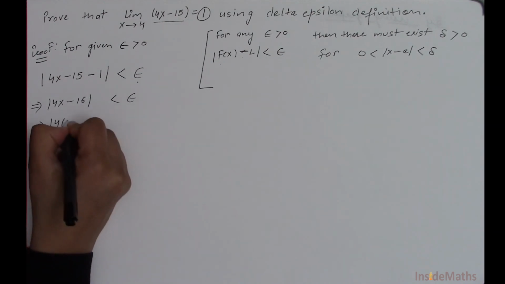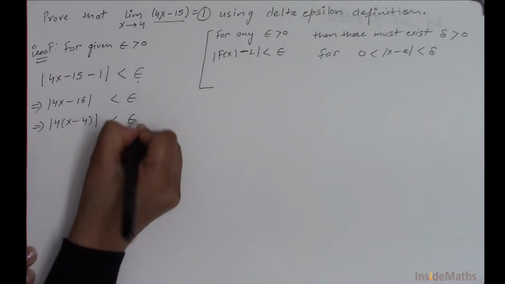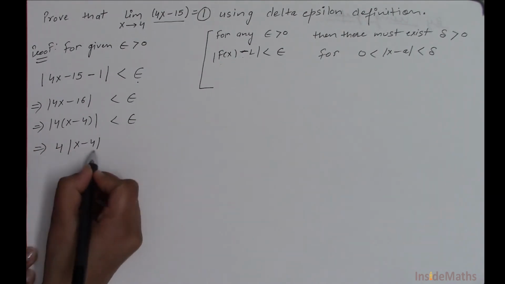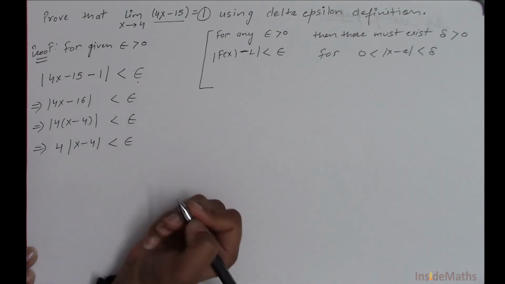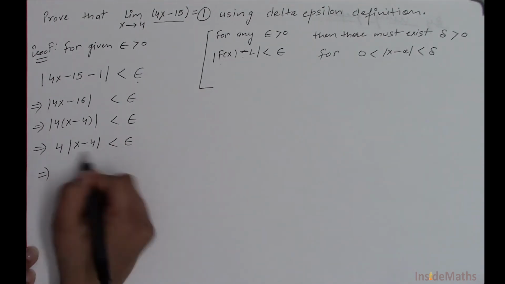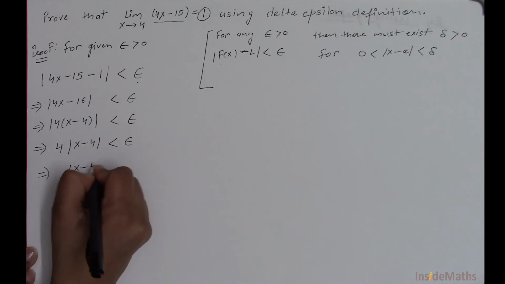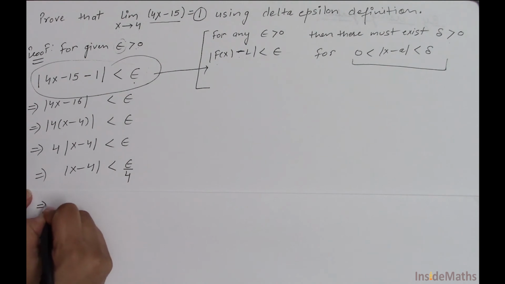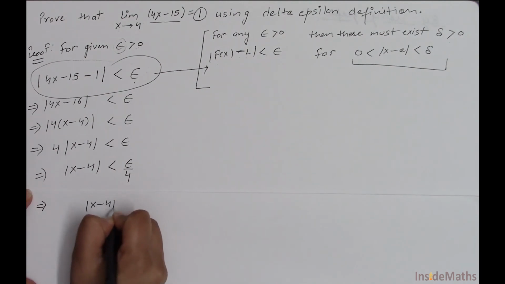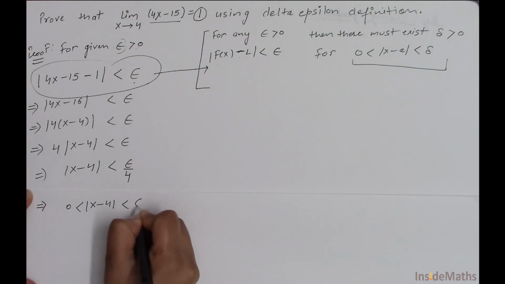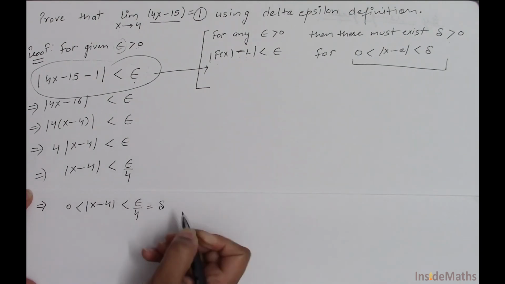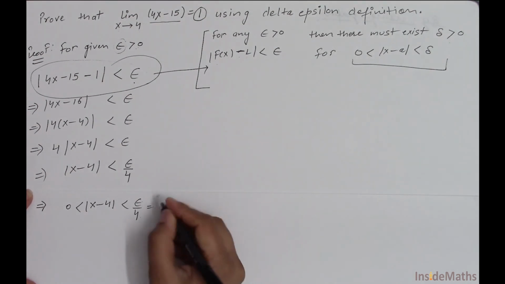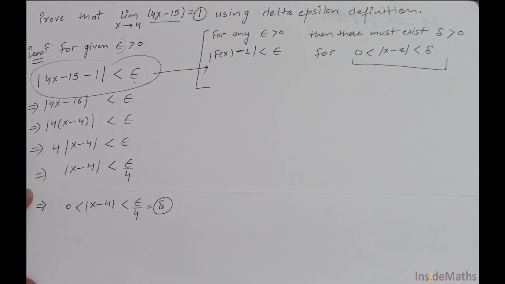I can write it as 4 into magnitude of x minus 4 less than epsilon. And now if I divide this inequality by positive 4, it becomes magnitude of x minus 4 is less than epsilon by 4. So what can we write? Magnitude of x minus 4 is greater than 0 and is less than epsilon by 4, which is equal to delta. Now because epsilon is greater than 0, epsilon by 4 is also greater than 0. That means this delta is greater than 0.